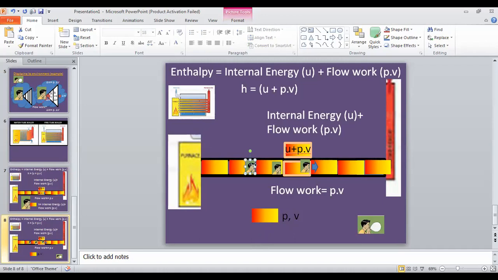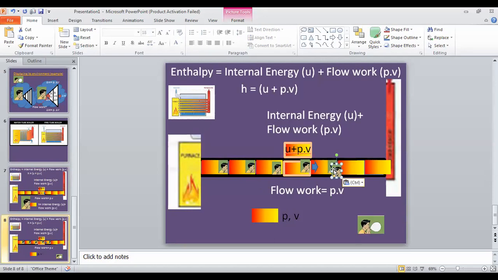So there is this effect. No one is there to push this energy parcel. It has this flow work effect, otherwise it won't go here. This has again the flow work effect, otherwise it won't go here. The same flow work effect moves this packet to the next place.